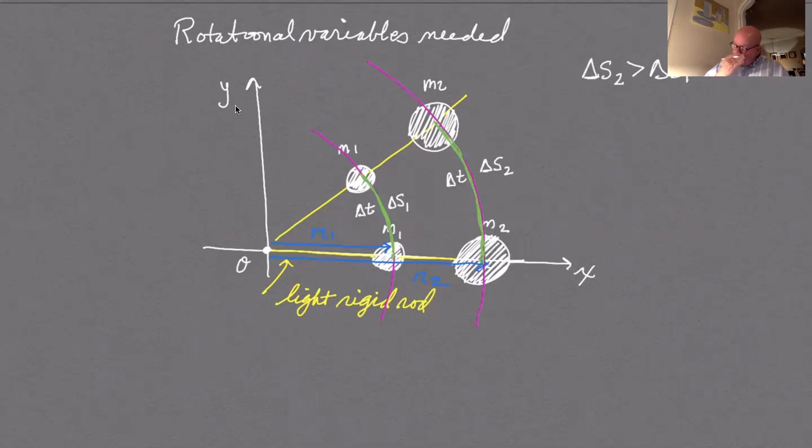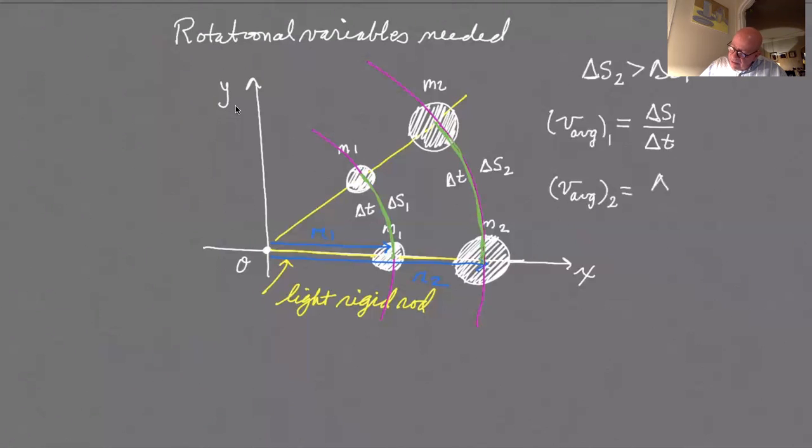So now if we were looking back at one-dimensional kinematics, and I asked you to calculate the average speed of mass 1, you would be likely to tell me that the average speed would be the distance traveled over the time of travel, and the average speed for 2 would be its distance traveled over the time of travel.